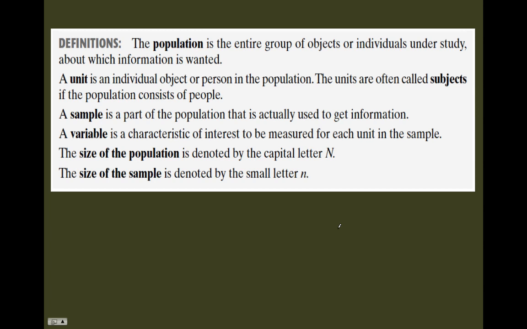And then we call the units subjects if the population consists of people. So a sample is a part of the population that's actually being used to get information. And a variable is a characteristic of interest to be measured for each unit in the sample. The size of the population is denoted by the capital letter N, and the size of the sample is denoted by the lowercase letter n.